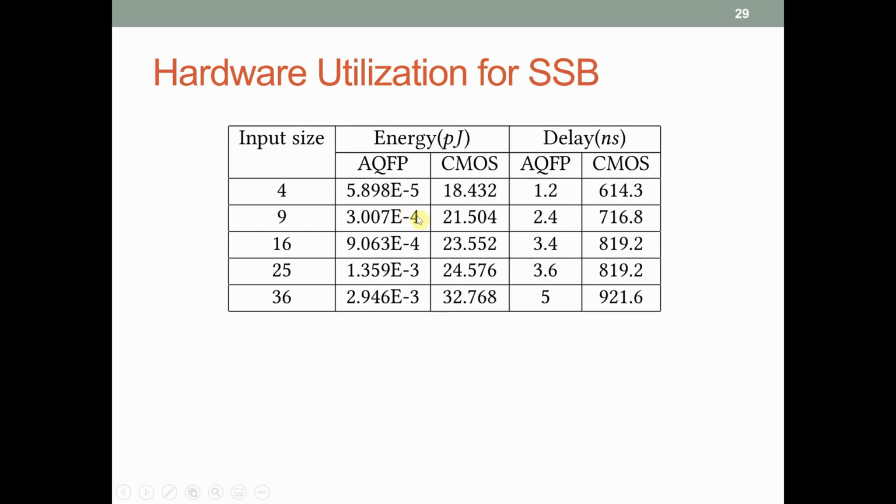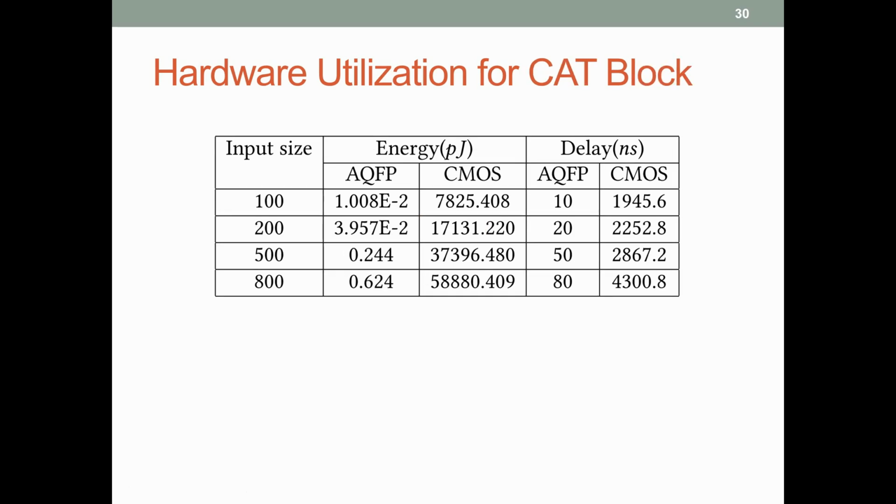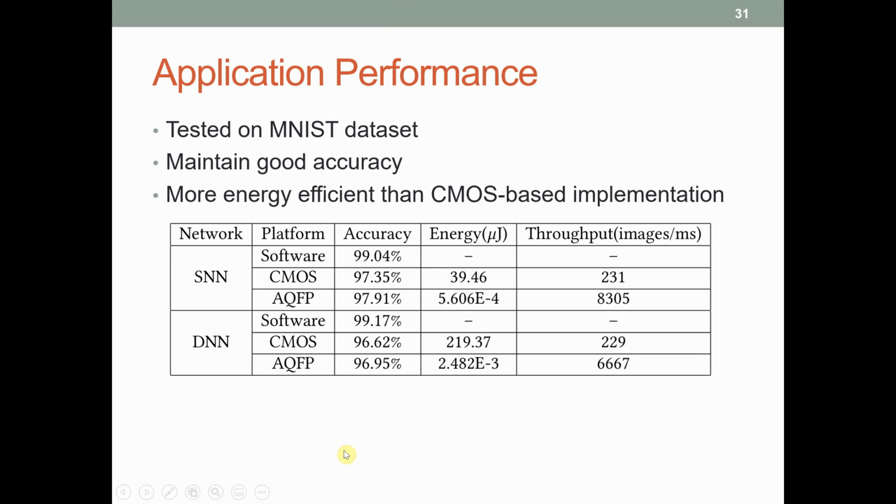Here for the subsampling, we can also see the results. Besides this significant improvement in delay and energy, we also get a higher accuracy in the subsampling or pooling block compared with CMOS. For the fully connected or categorization blocks, the results are similar: improvement in delay and energy efficiency.